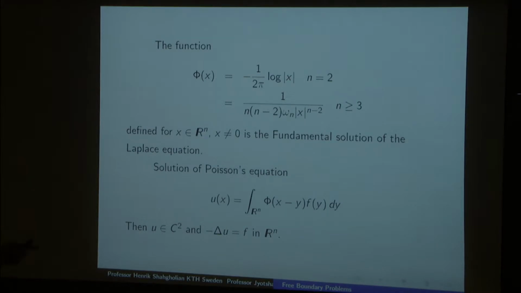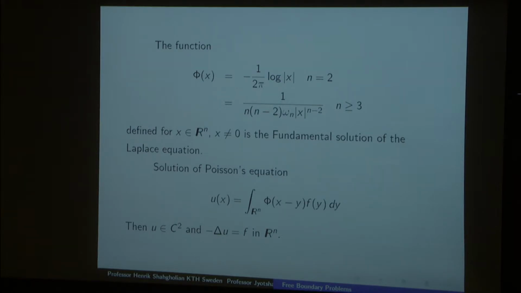You divide it by the volume of the unit ball, and mod x power n minus 2. So this is what is called the fundamental solution of your Laplace operator.